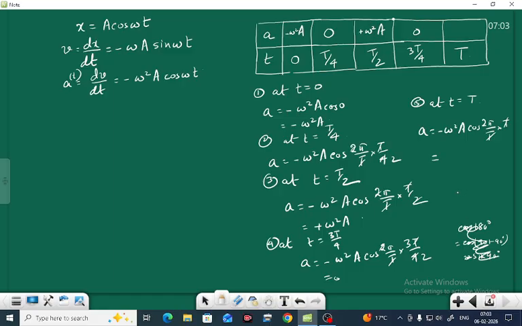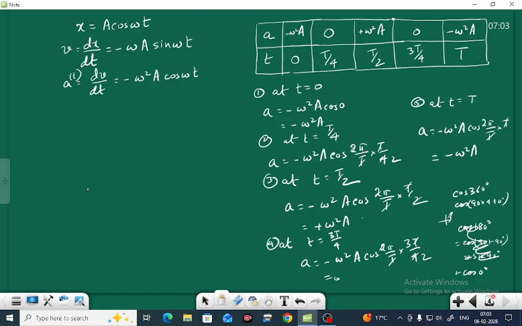Okay, cos of 360 degree, that is cos 0 degree. In the first quadrant cos is positive, so cos 0 is 1. So the value is minus omega square a, right?